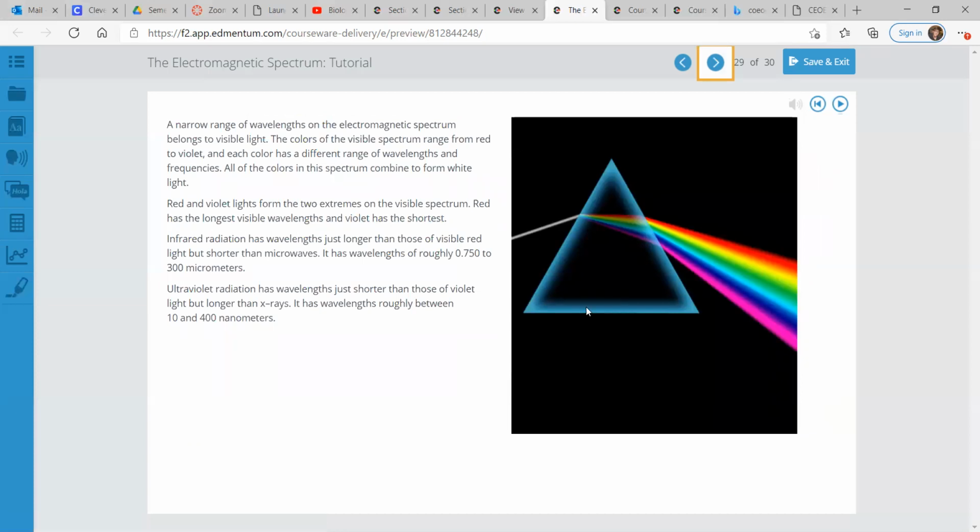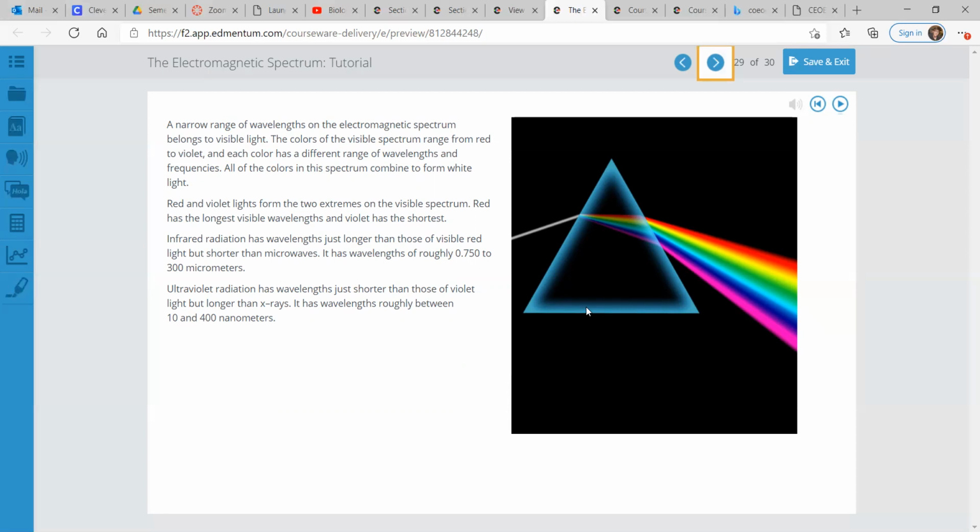A narrow range of wavelengths on the electromagnetic spectrum belongs to visible light. The colors of the visible spectrum range from red to violet. Remember ROY G BIV. And each color has a different range of wavelengths and frequencies. All of the colors in this spectrum combine to form white light.